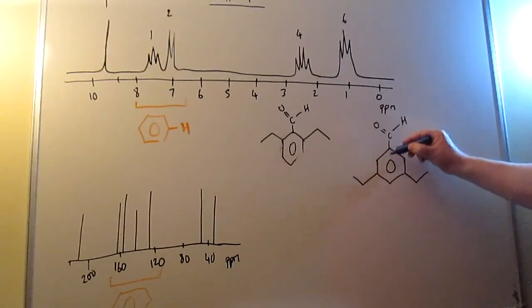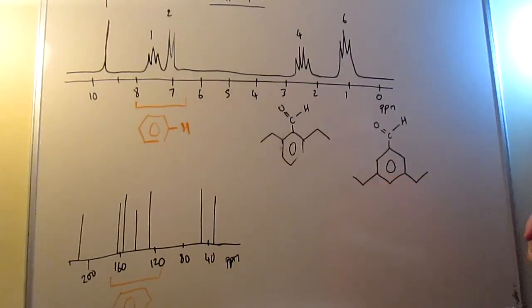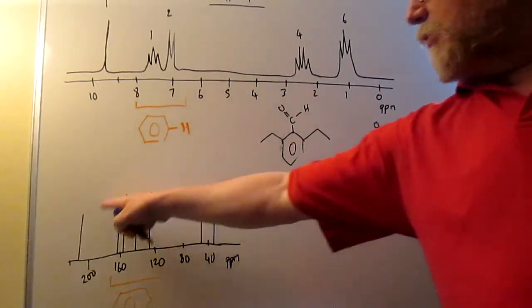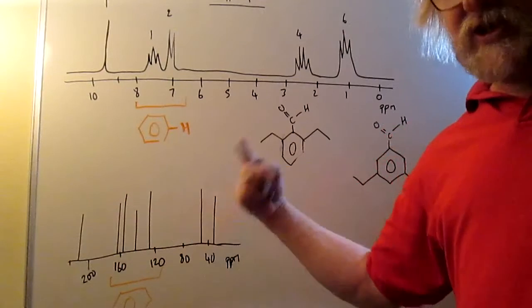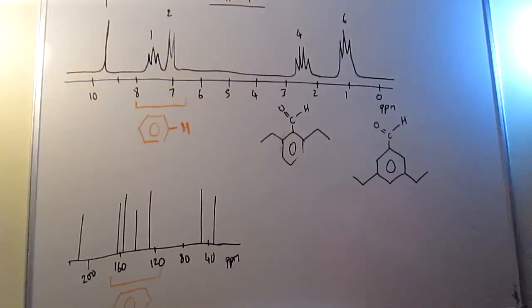Because again, you've got the symmetry down the middle like that, which means these 2 ethyl groups would be equivalent. Any other arrangement wouldn't work because the ethyl groups wouldn't be equivalent, and you would also have more than 4 peaks in the aromatic region because the symmetry would be destroyed. So it's got to be one or other of these. The question is, can we tell which one?